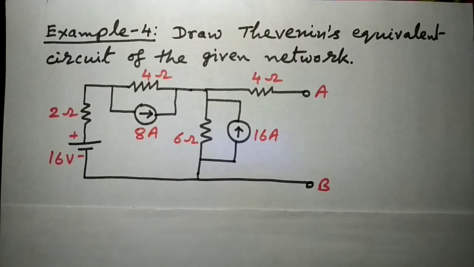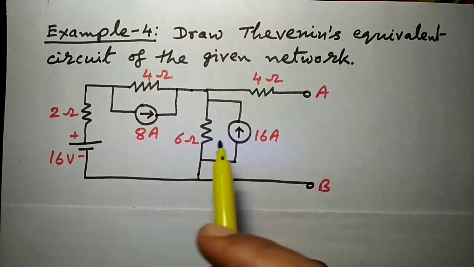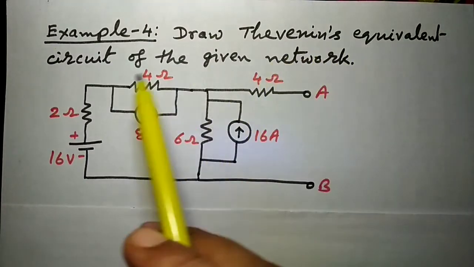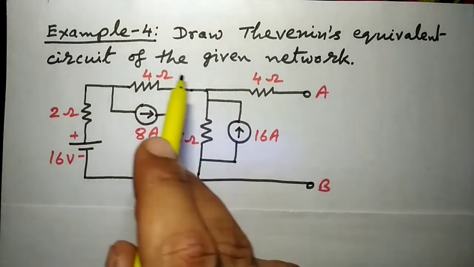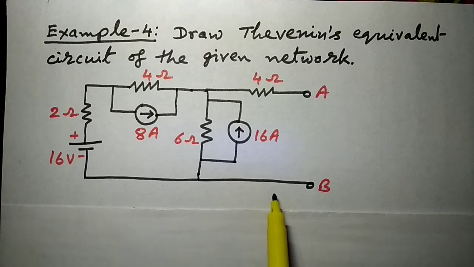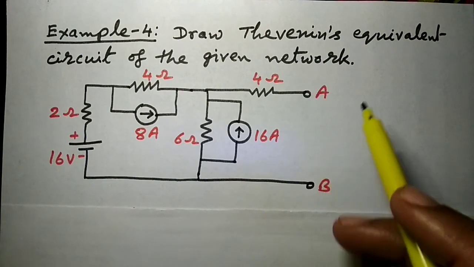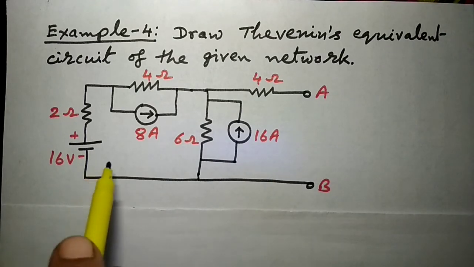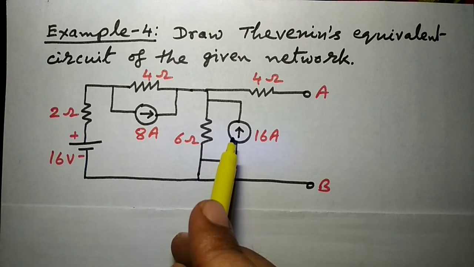Now there are some practice questions. In the first question, draw the Thevenin equivalent circuit of the given network. So you have to calculate the Thevenin equivalent circuit for this network across terminal A and B. Here there is one voltage source and 2 current sources.